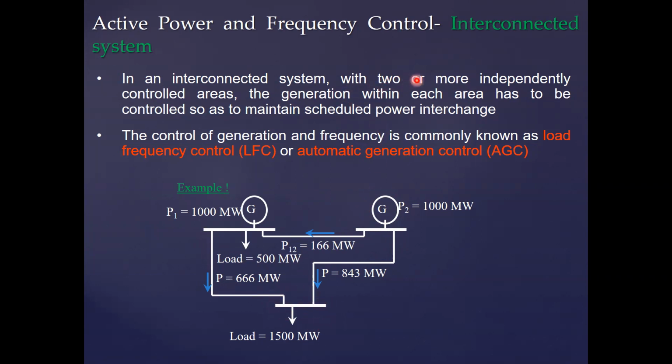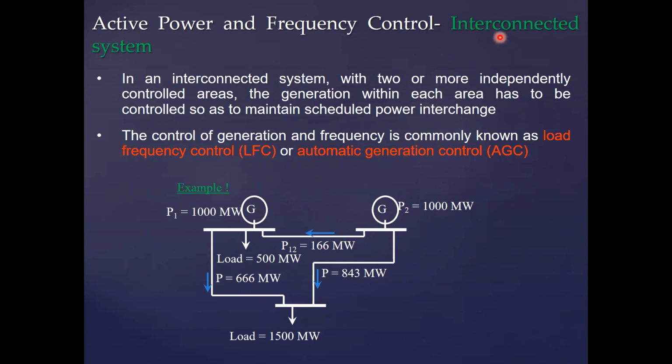As such, you may have two or, in fact, more than two control areas. As shown over here, there are only two areas, but we can have one more set of power plants in another area, and they may be interconnected here.